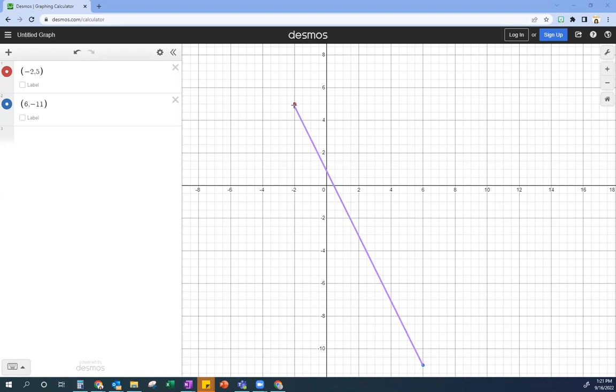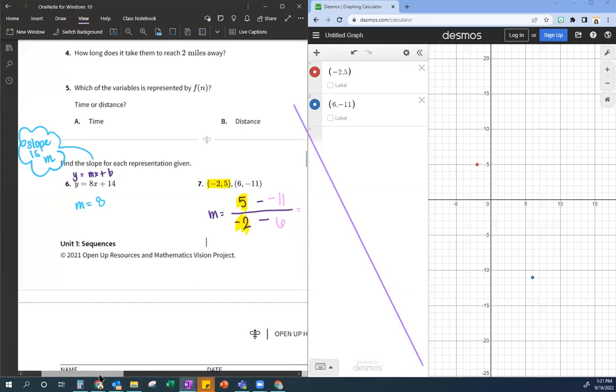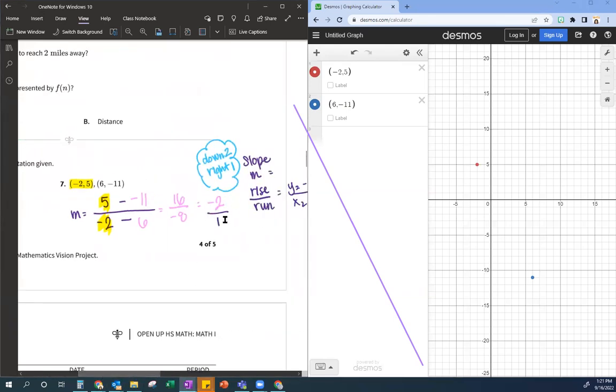I'm really looking for how much to go up by how much to go over, okay? And hopefully this answer matches my other answer, which is hopefully the same, -2 over 1.